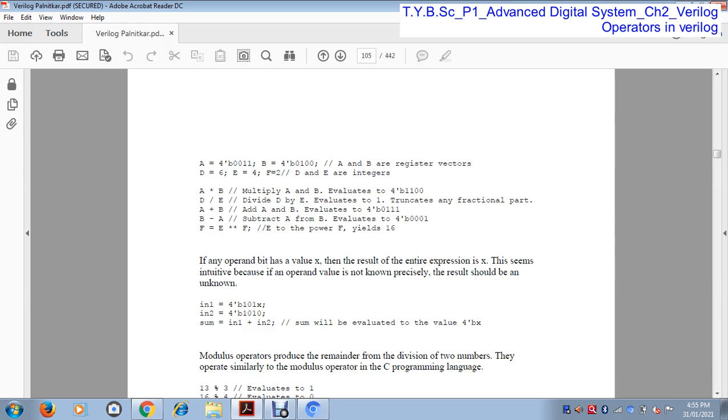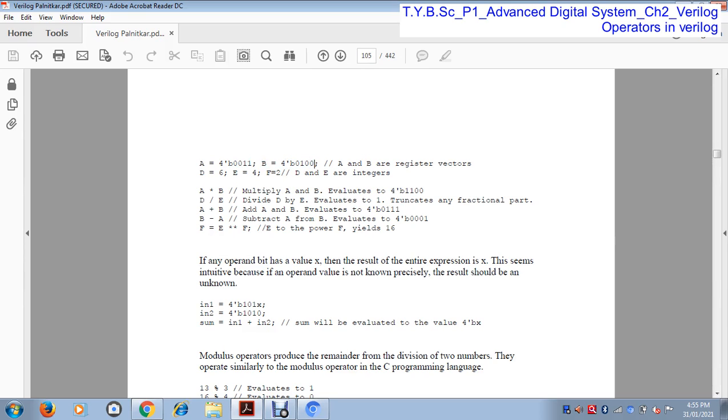Here 0011, that means this data is 4 bits. So here we write 4, and the format of this data is binary. So 4'b means the given data is 4 bits and the format of the given data is binary. Okay, so this is operand A and this is operand B.